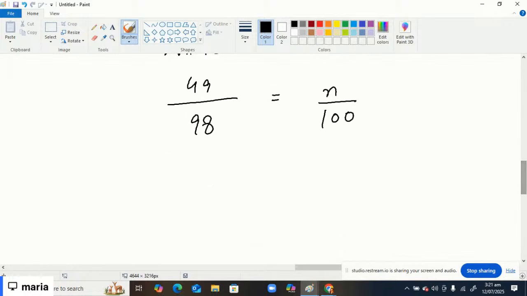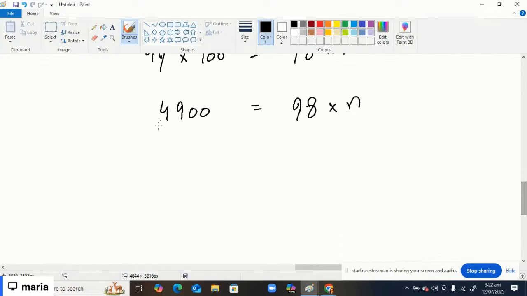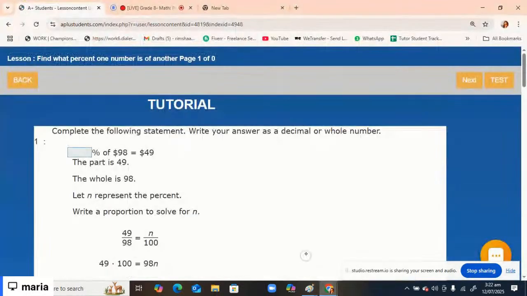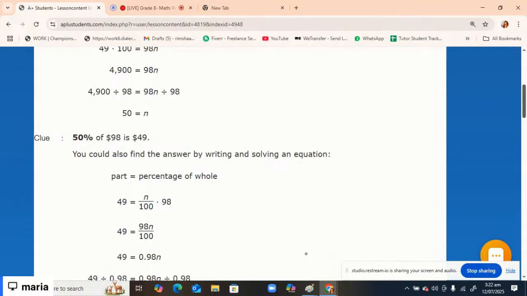So now just cross multiply: 49 times 100, 98 times n. Okay, 49 times 100 is 4900, that is equal to 98 times n. Now dividing 98 on both sides, this side should be cancelled. And what is the answer for this side?